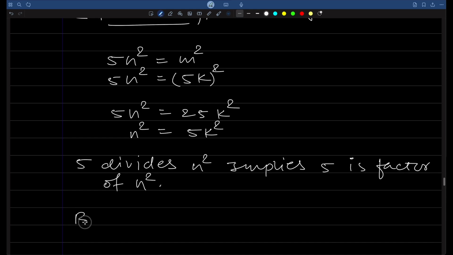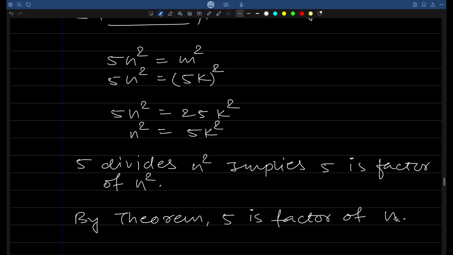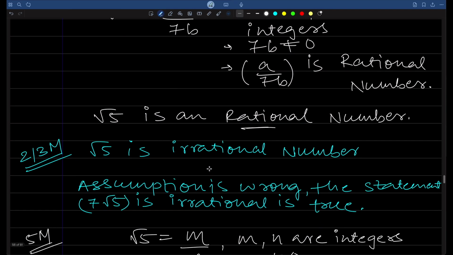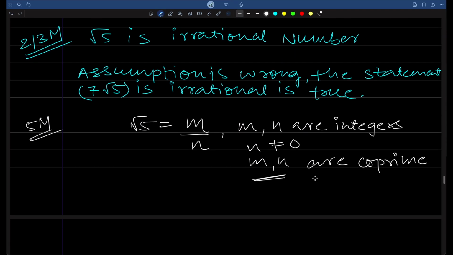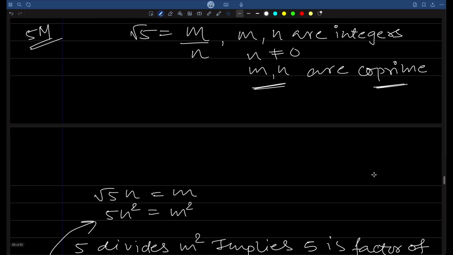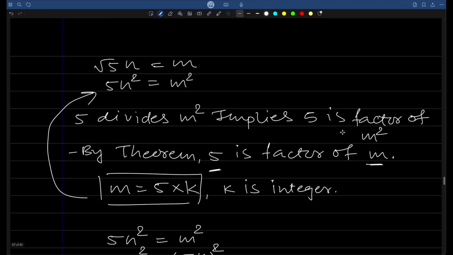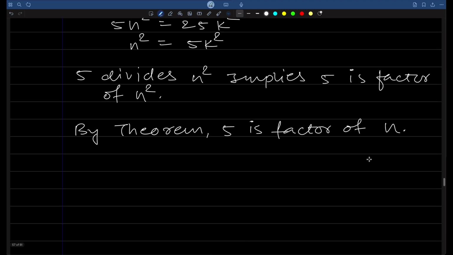And by theorem, we can say 5 is also a factor of n. If we see here, we have assumed that m and n are co-prime numbers, so there is no other common factor other than 1, but we have 5 as a factor of m, and 5 is also a factor of n.